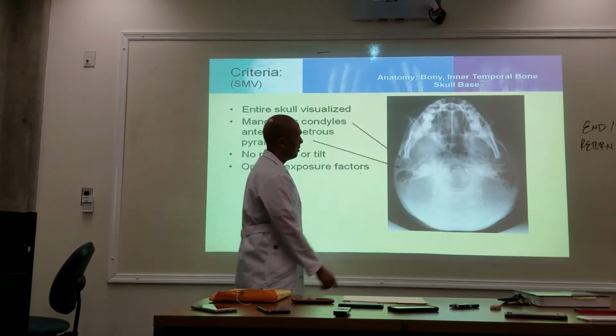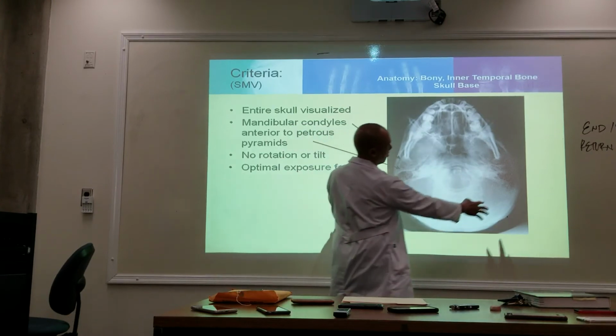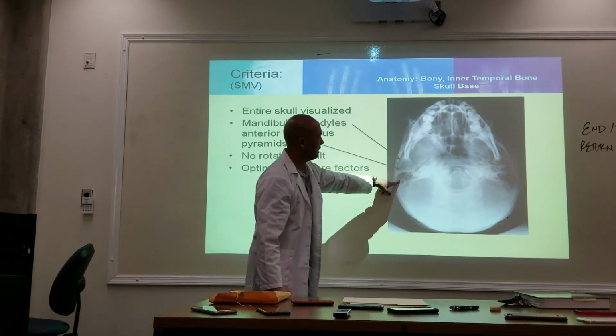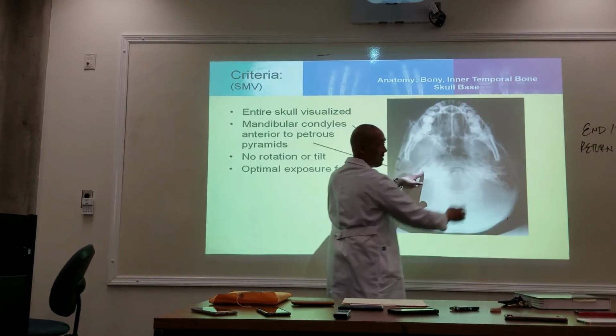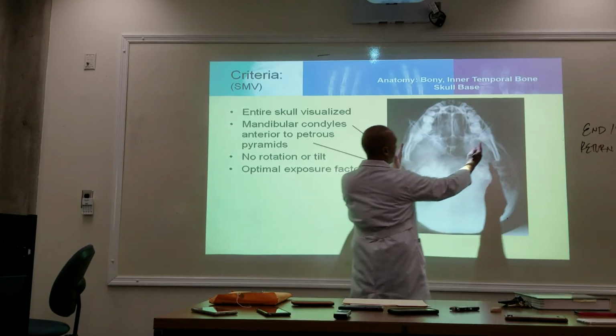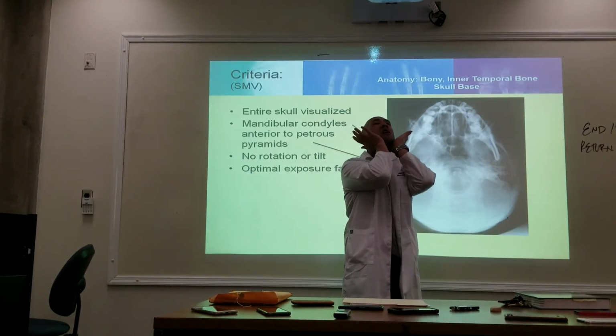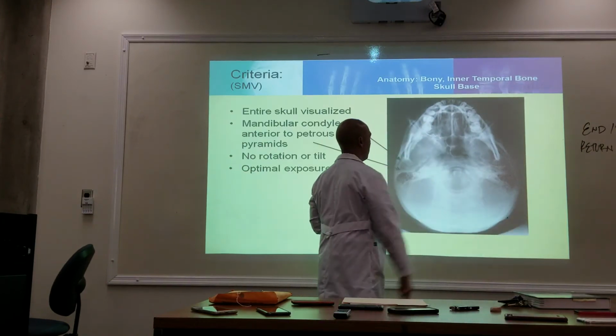Okay? What's this area right here? Again, what are we seeing there? It's darker. Air cells. Those are your mastoid air cells. Here we have the petrous portion where you're going to find the organs of hearing and balance. Here, what we're looking at is your jaw, your mandible, and then the teeth.